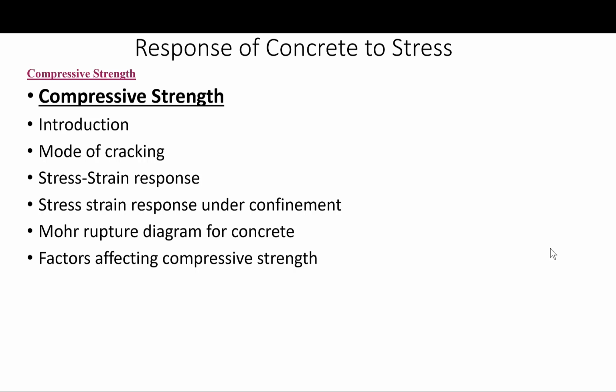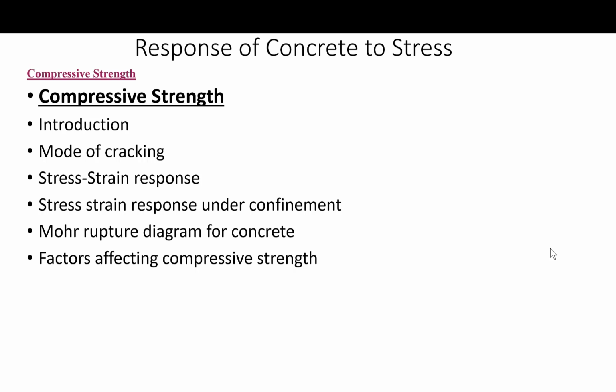This results in the formation of conical regions at the ends of the specimen, as I will show on the next slide. Sometimes, mild lubrication of the bearing surfaces can reduce the friction so that the true tensile nature of the compressive failure is achieved.